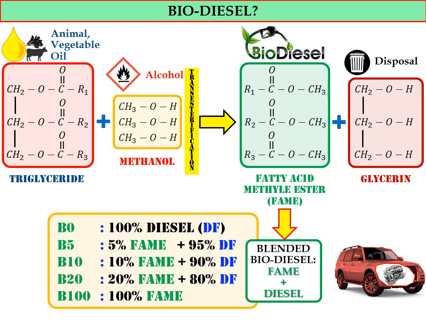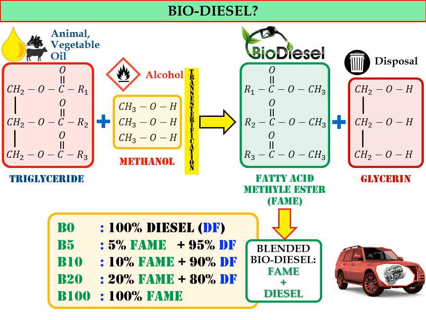There are a few types of blended biodiesel represented by specific abbreviations, where we have B0. B0 normally refers to 100% typical diesel fuel without any biodiesel fuel or FAME, and sometimes we call it DF, pure diesel fuel.